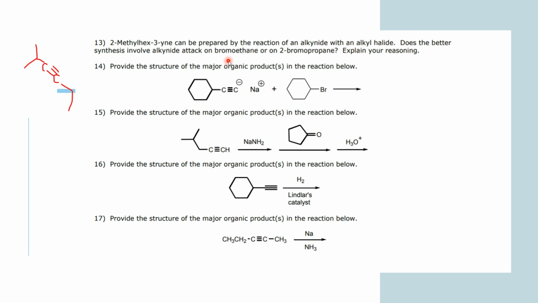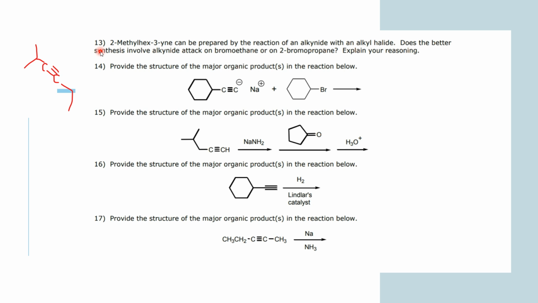Then we saw which method was better to synthesize 2-methylhex-3-yne, whether you will attack the alkynide on bromoethane, like bromide attached here and you will attack with this carbon, or bromide will be attached here and you will attack with this carbon.